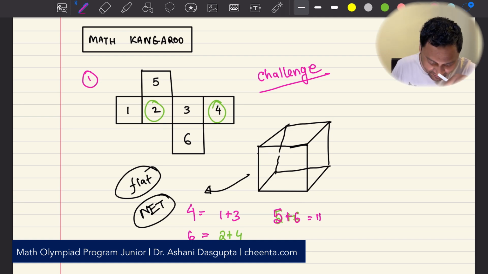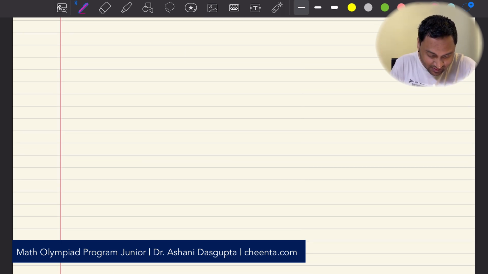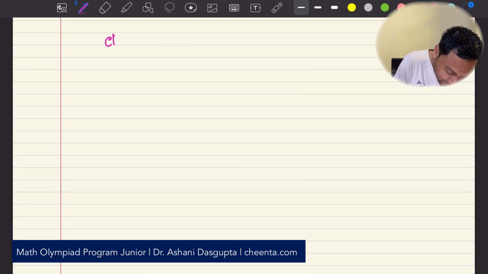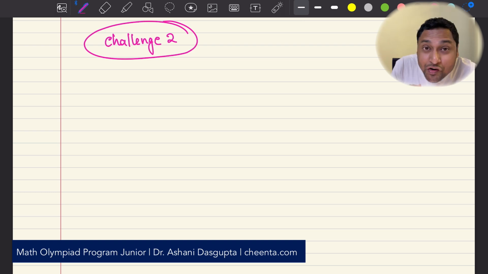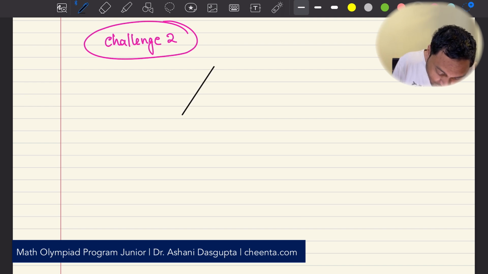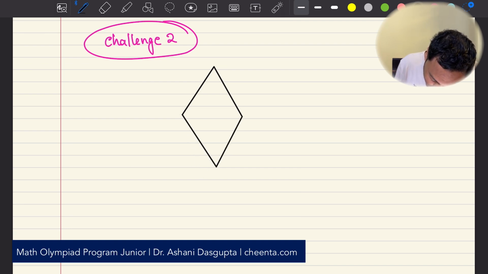Okay, so here is another challenge. So challenge 2. And we talk about the platonic solids in our Math Olympiad programs for little kids. And I'm going to draw another platonic solid. It's called the octahedron. So let's draw this carefully, and you can also draw it in your notebook if you want.